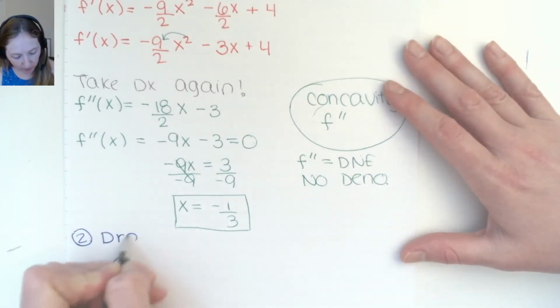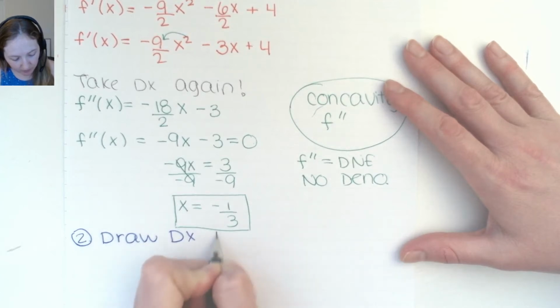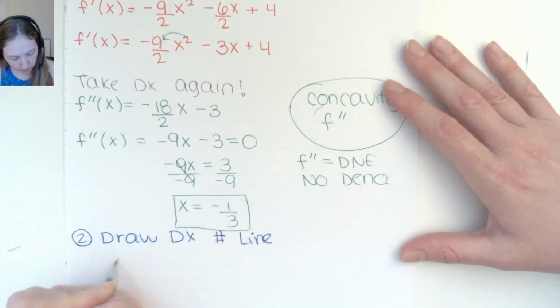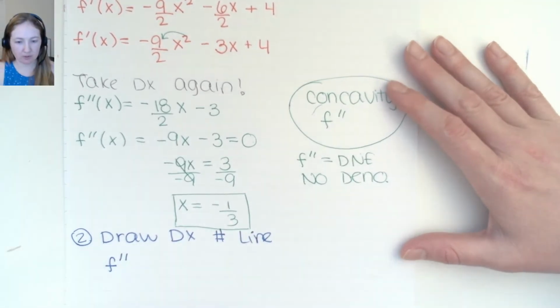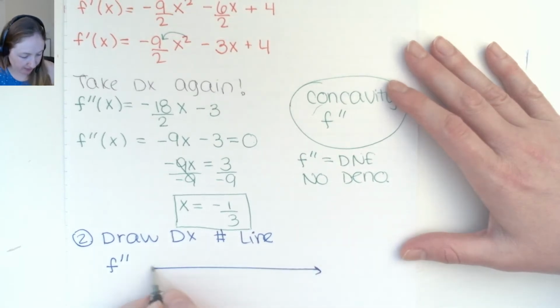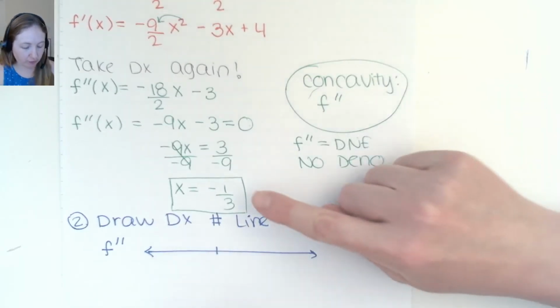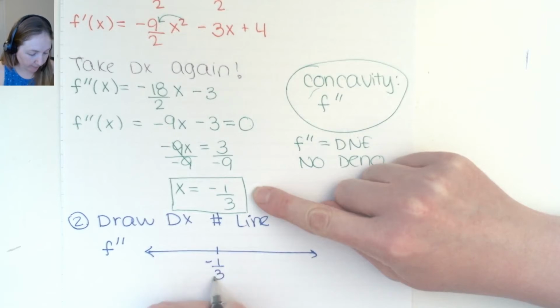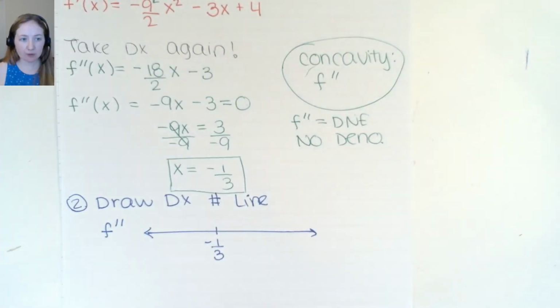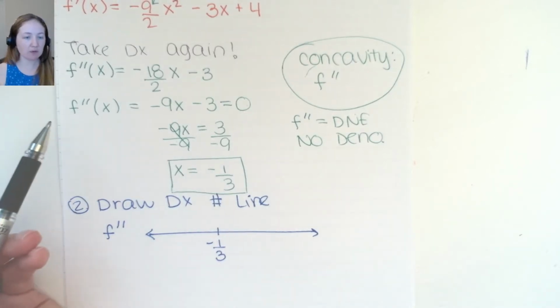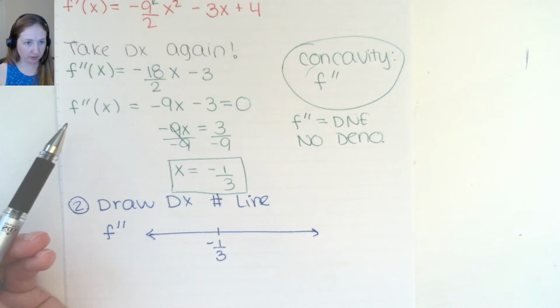Now, when we draw our derivative number line, we are plugging into the second derivative. So I'm going to look at my second derivative. I have my negative 1/3. I will say negative 1/3 is not a critical number necessarily. This is just the point where the second derivative equals 0. So we're not referring to it as a critical number.